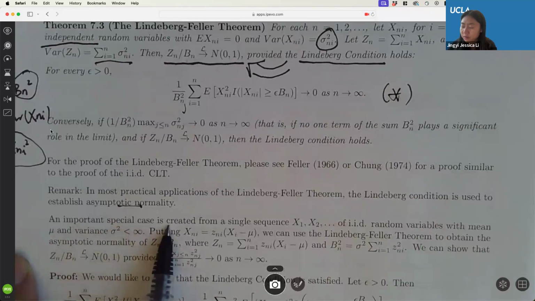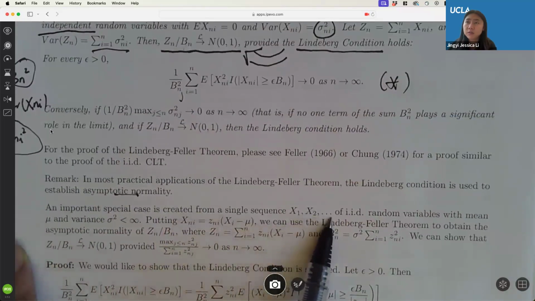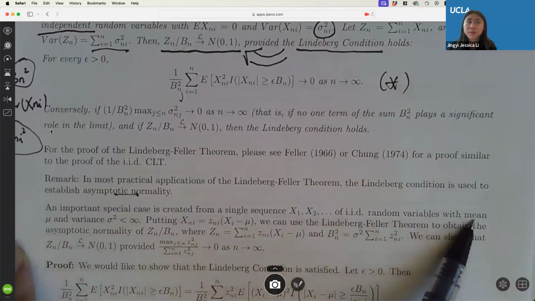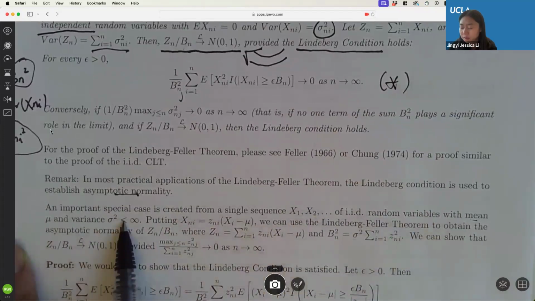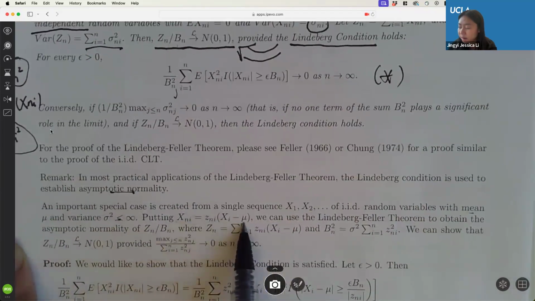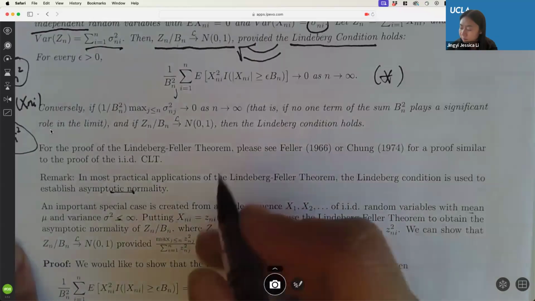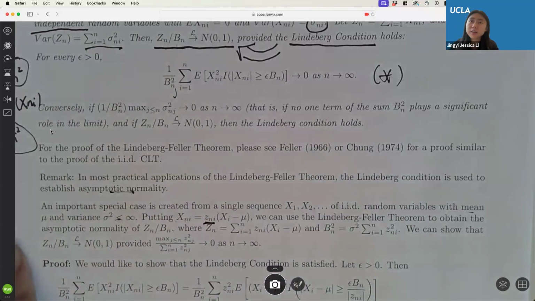Okay, let's read this. An important special case is created from a single sequence x1, x2, of IID random variables with mean mu and variance sigma squared. This is the setting of the central limit theorem. But what we are doing here is defining x_ni as z_ni multiplied by (xi minus mu), where the constant is different for every term.